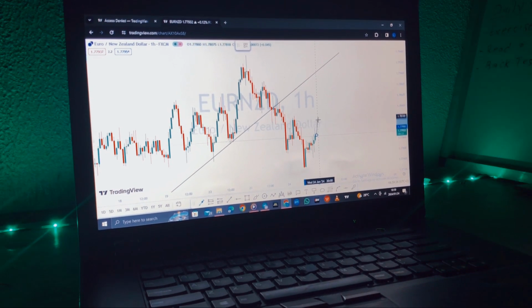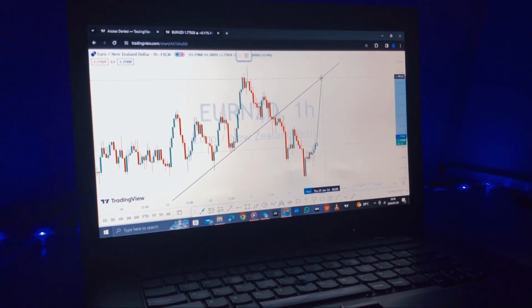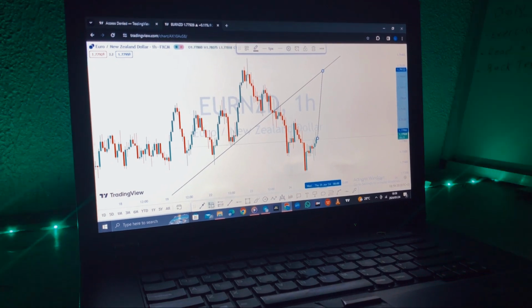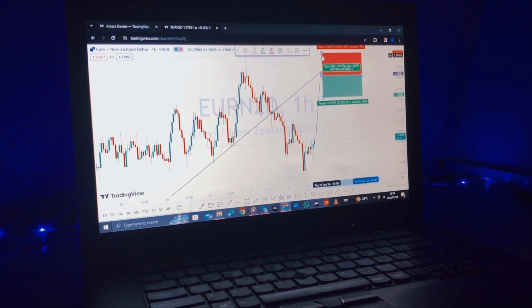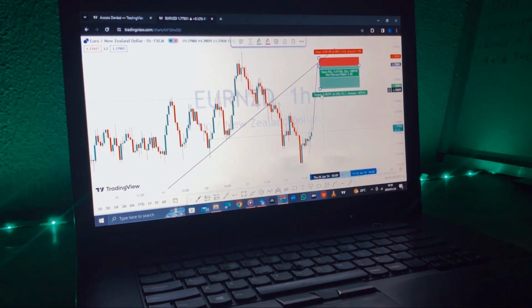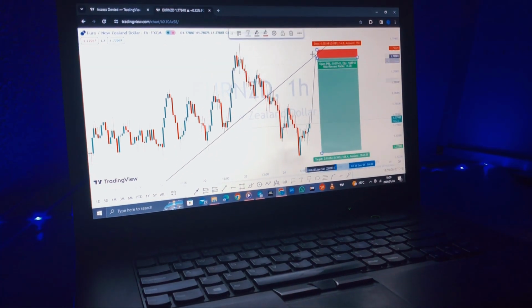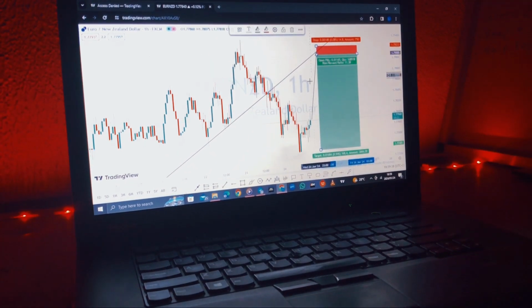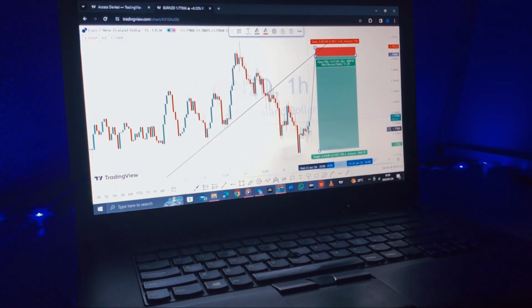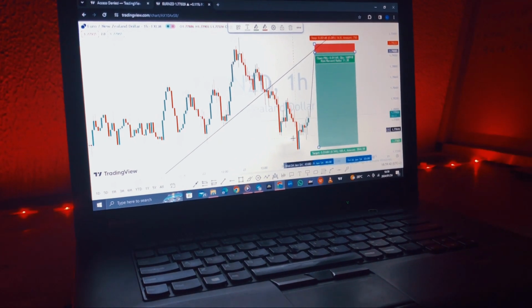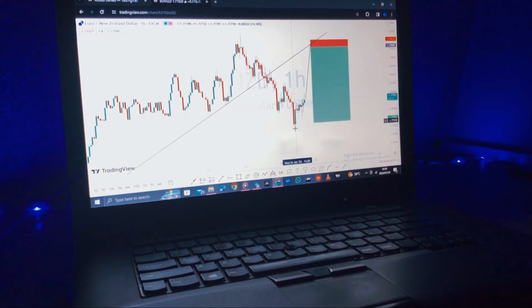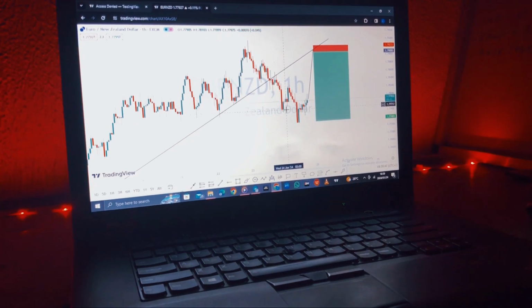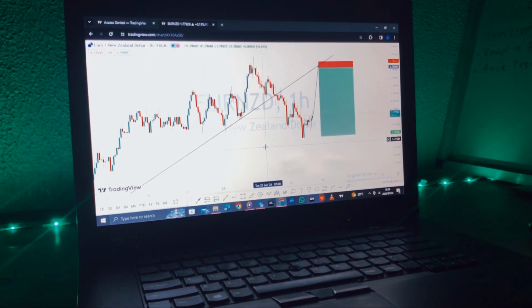Maybe price might just reach the trend line before it actually gives us those selling opportunities, right? But guys, we simply trade what we see and not what we think, right? And right now what we see is that the market is just playing around, but we don't have confirmation yet that the market might actually take those sellers and go all the way down.